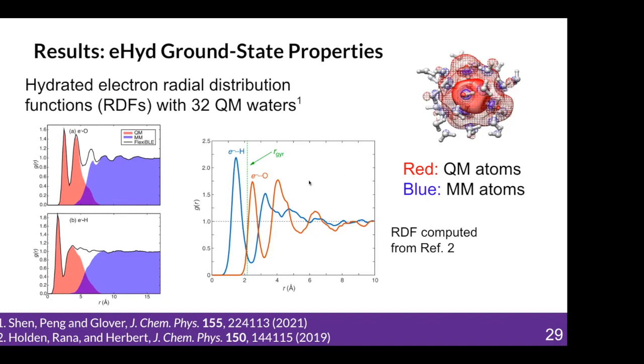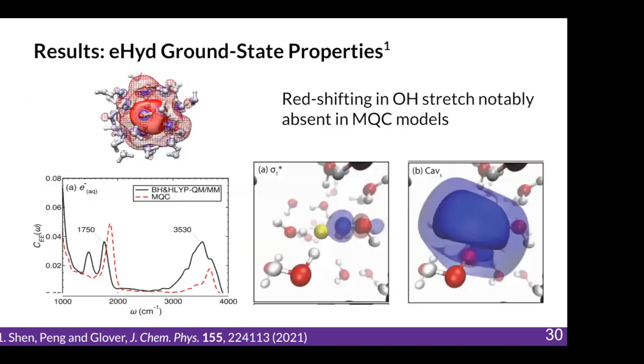For example, we know roughly where the solvent shells of the hydrated electron are based on the hydrated electron oxygen RDF and the hydrated electron hydrogen RDF. And we see that we're able to reproduce very well the peaks that were previously computed by John Herbert's group. We also demonstrate some new insight that's not seen in previous one-electron pseudopotential models, wherein the only quantum degree of freedom treated explicitly is the hydrated electron, and every other many-electron interaction is analytically fit.